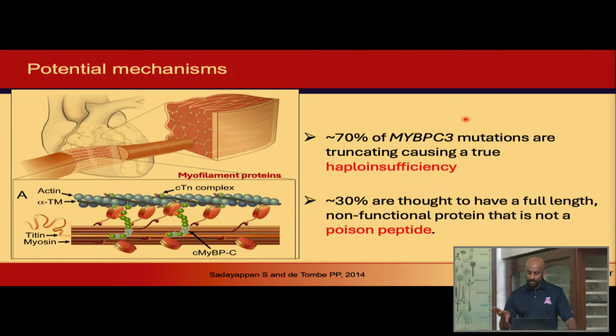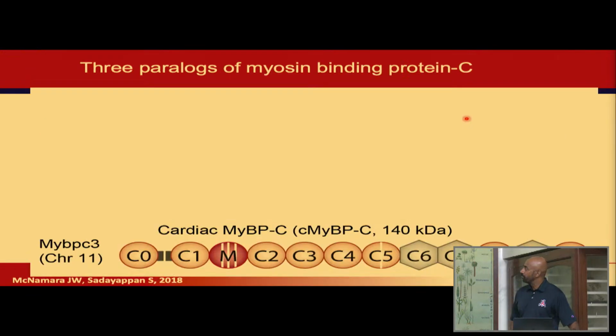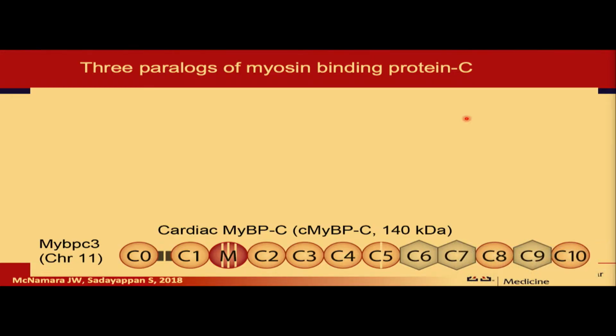So now I am going into some background about what myosin binding protein C is and what the phenotype characteristics are. Myosin binding protein C has three different paralogs. Paralogs are not isoforms. Paralogs are unique genes; the protein comes from its own gene.